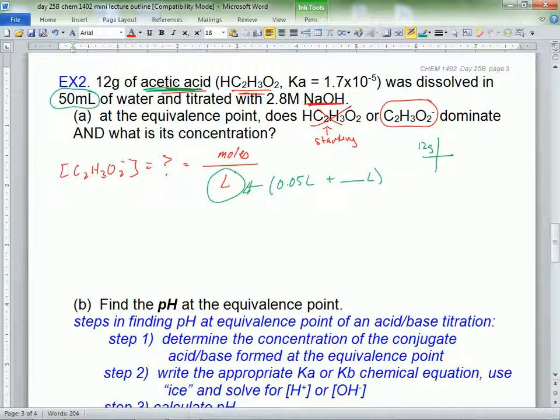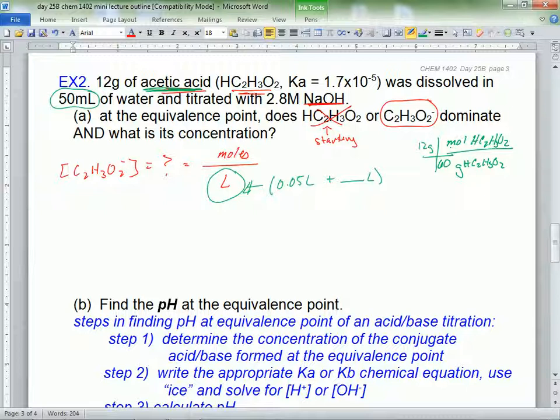So we've got how many grams of HC2H3O2 in a mole of HC2H3O2? We've got 4 hydrogens, 2 carbons. That's 28 and 32. That's 60, maybe? It is 60.